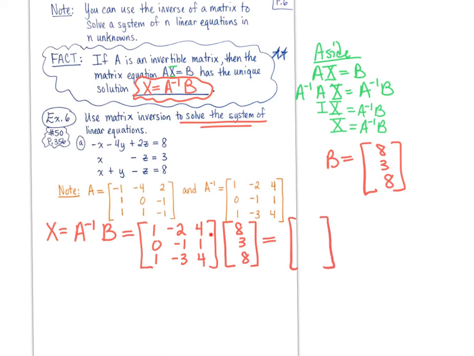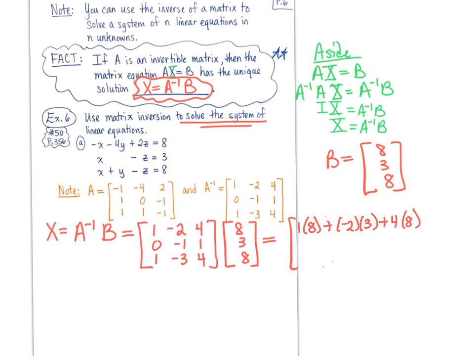So we multiply the first row by the first column. We have 1 times 8 plus -2 times 3 plus 4 times 8.